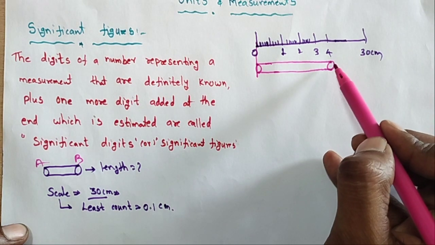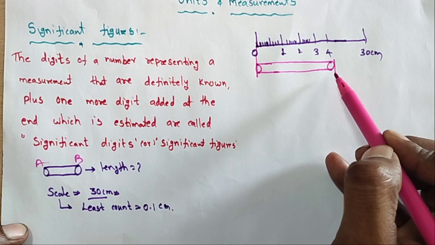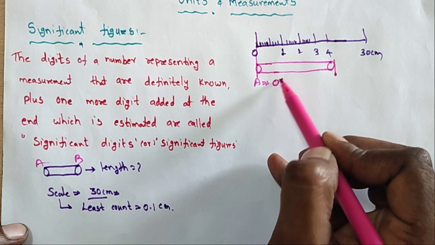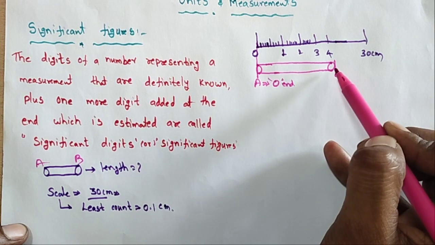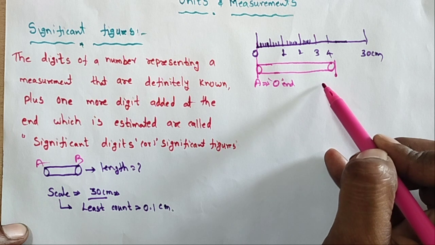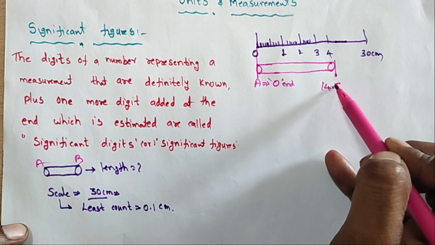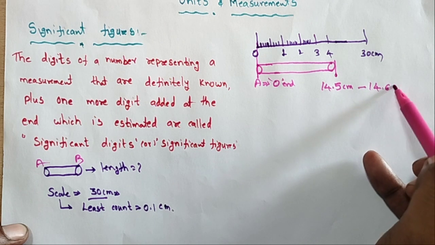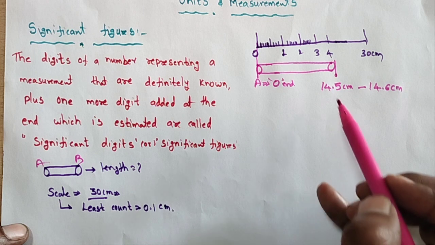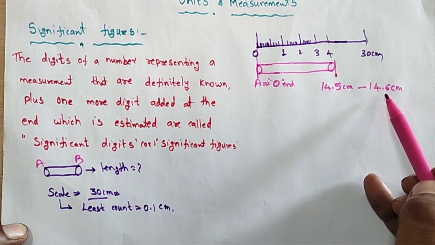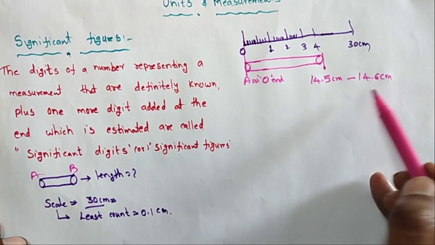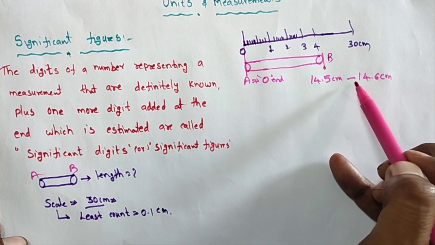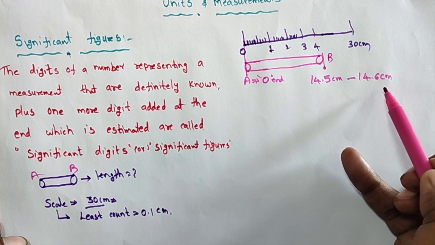The second end B lies between 14.5 centimeter and 14.6 centimeter, I am just assuming, not exactly 14.5 and not exactly 14.6.